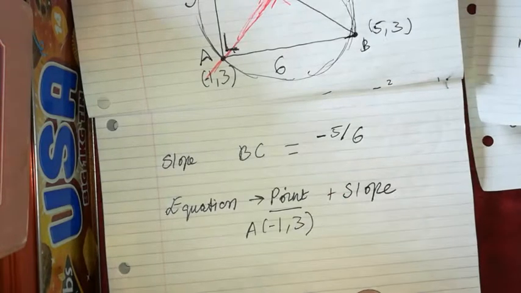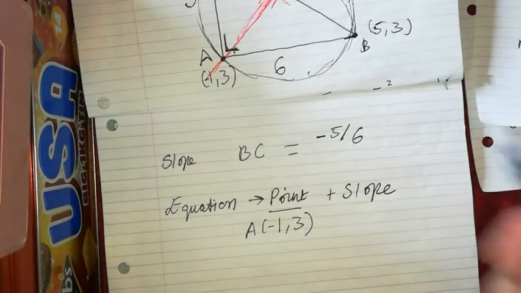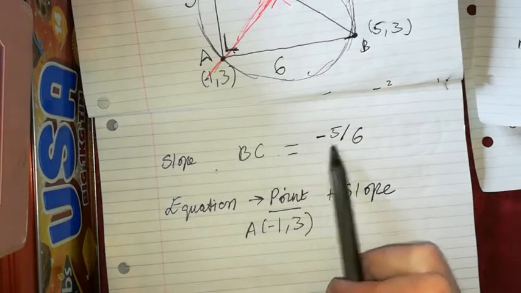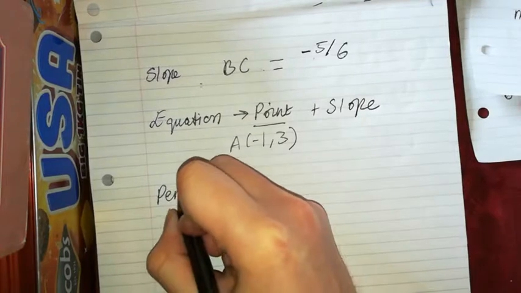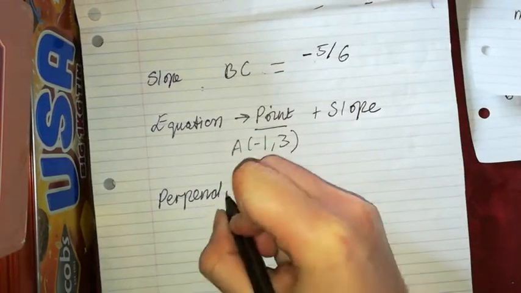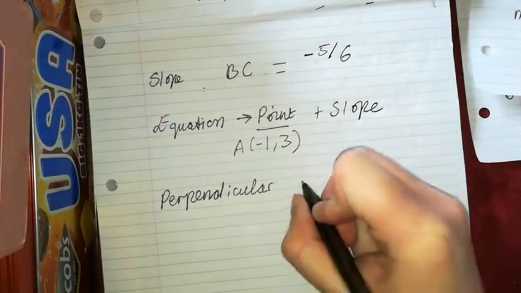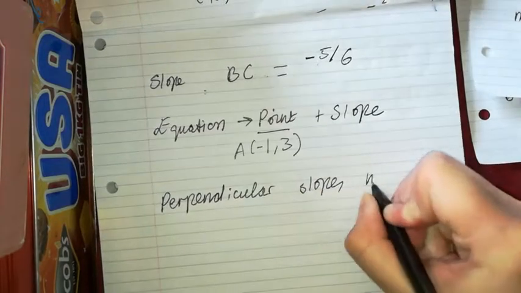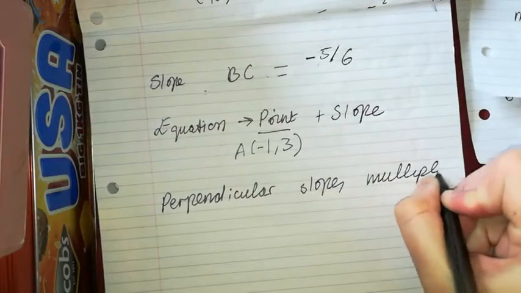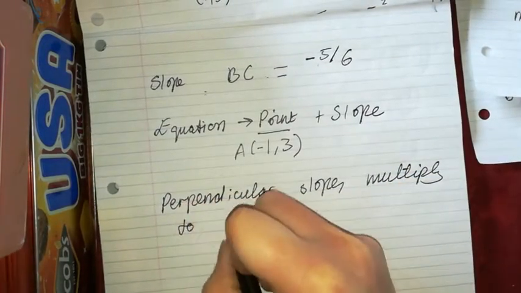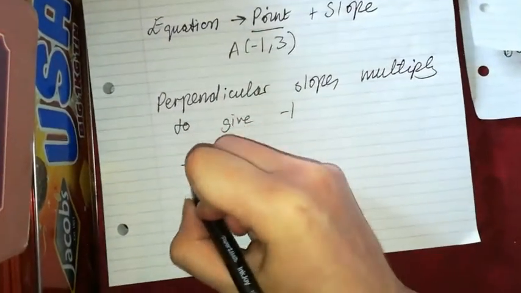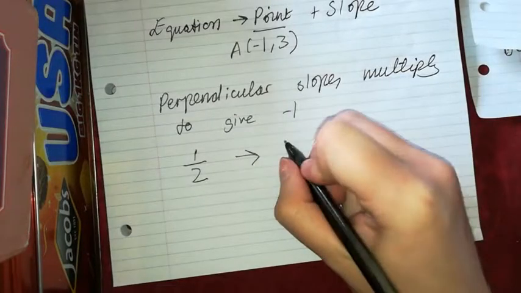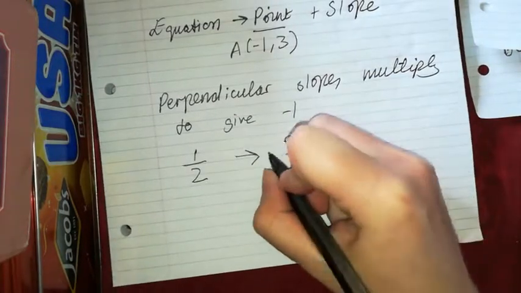In order to get the slope, the only way we can get that is because we're told it's perpendicular to BC. Perpendicular slopes multiply to give minus 1, and that comes up a fair bit. A handy way of thinking about this is we flip it. If we had a slope of a half, to get the perpendicular, we turn it upside down, so it'll be 2/1, and we change the sign.